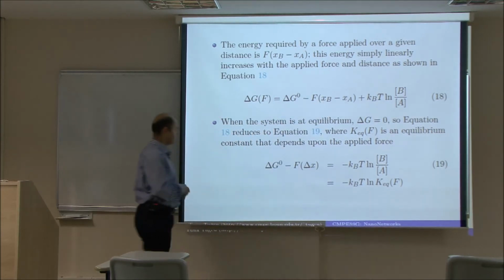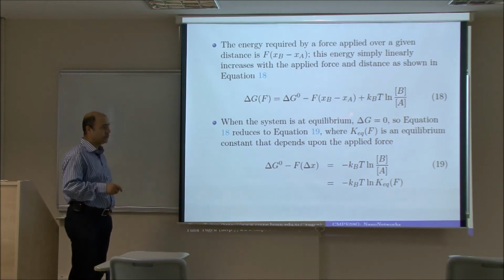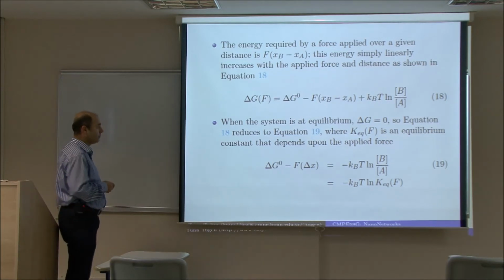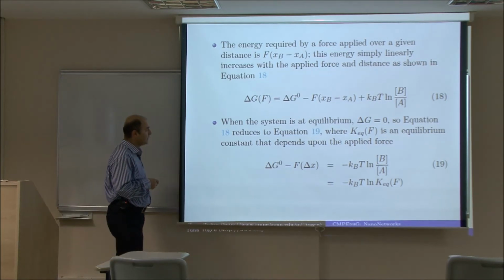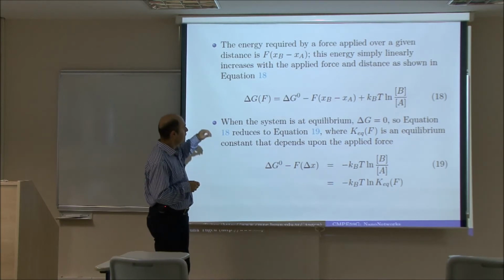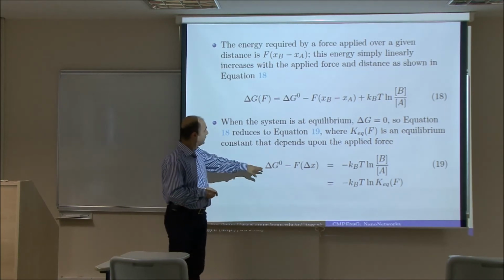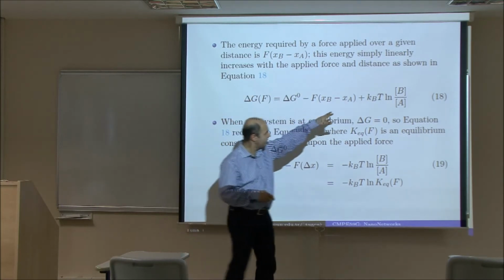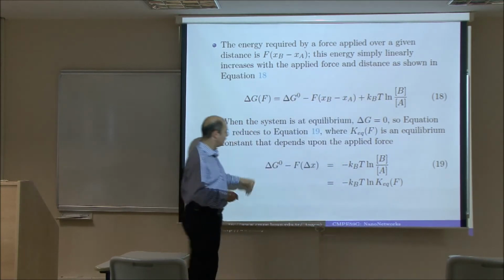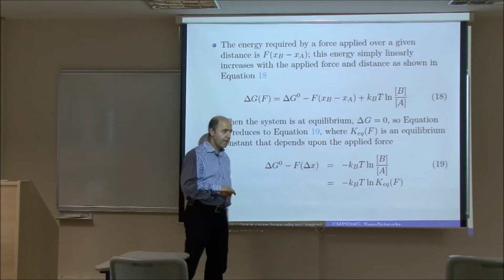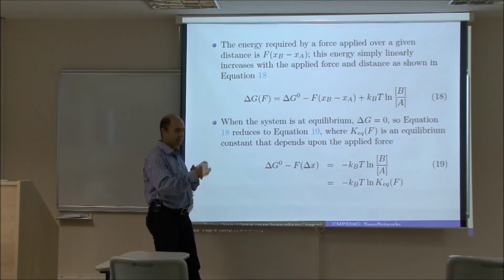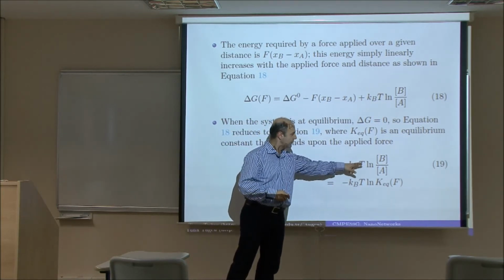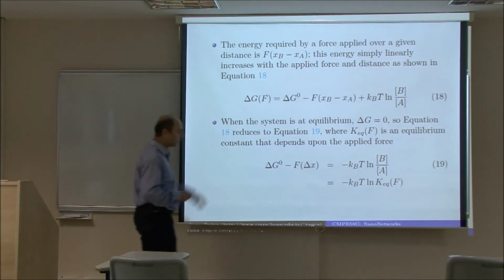So when the system is at equilibrium, which means delta G would be 0, this equation is now simplified. Putting 0 in here and taking this term to the other side, you will have delta G minus F times this delta X distance, which is a step length, equal to minus Boltzmann constant, temperature, and the ln of the concentrations.